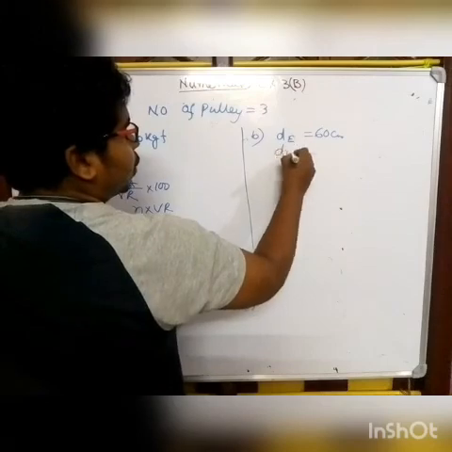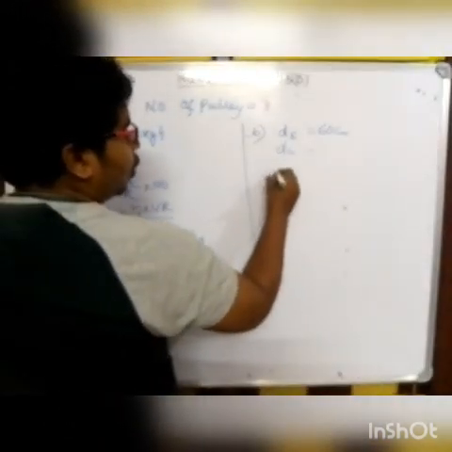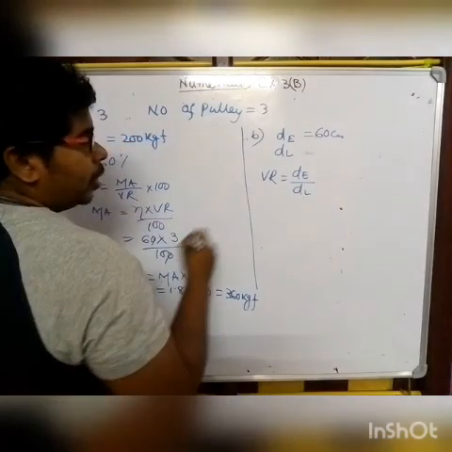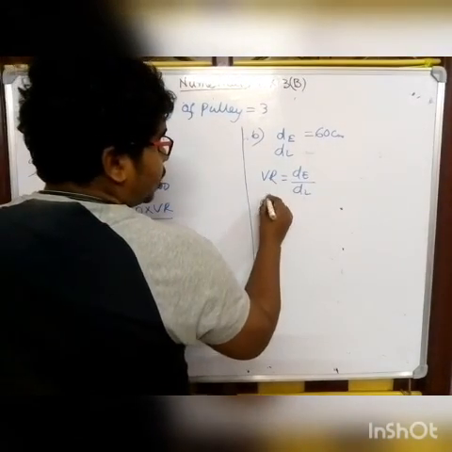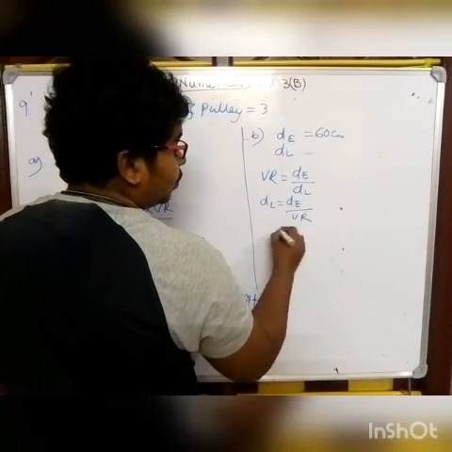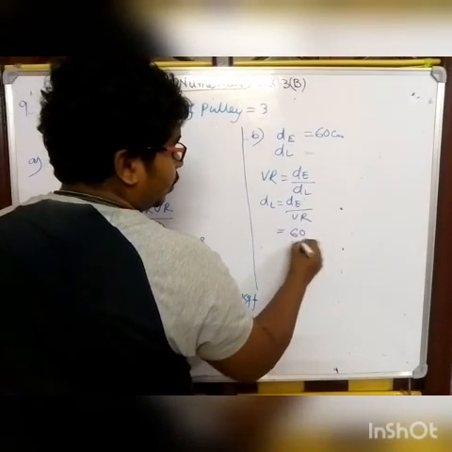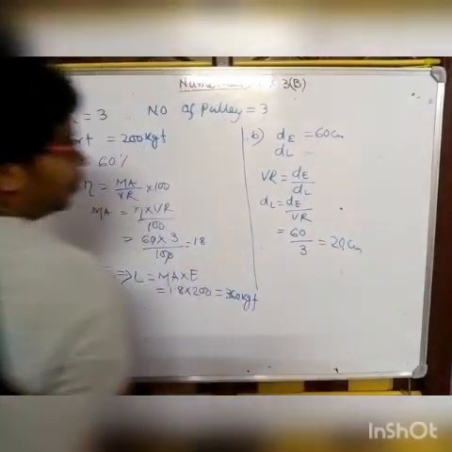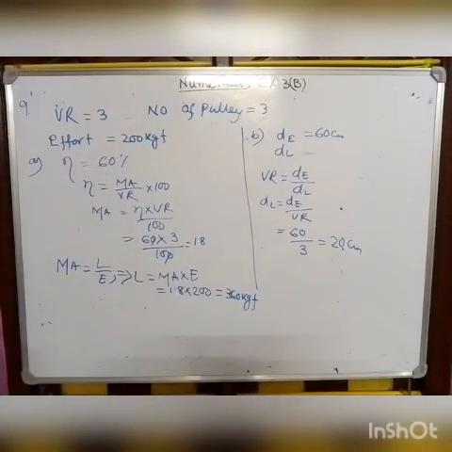We have to find out displacement due to load. Again we'll go for velocity ratio, that is displacement due to effort by displacement due to load. So displacement due to load equals displacement due to effort by velocity ratio. Effort displacement is 60, velocity ratio is 3, so it is 20 centimeter. So displacement due to load is 20 centimeter.